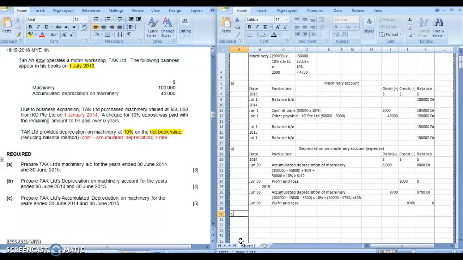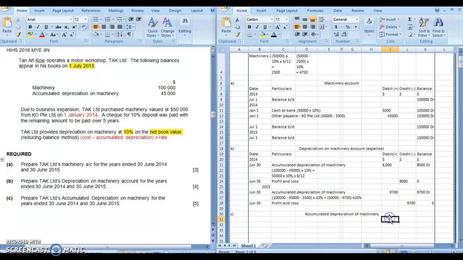So we're going to do the next part of the question, part C, where they ask you to prepare the accumulated depreciation on machinery, also for 2 years. So we're going to write the title, accumulated depreciation on machinery. The particulars would be the opposite one, which in this case would be your depreciation on machinery.